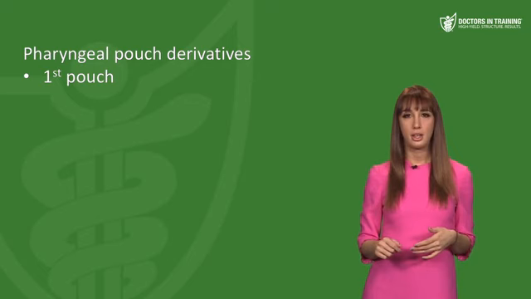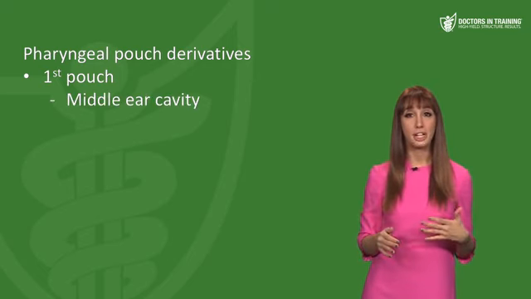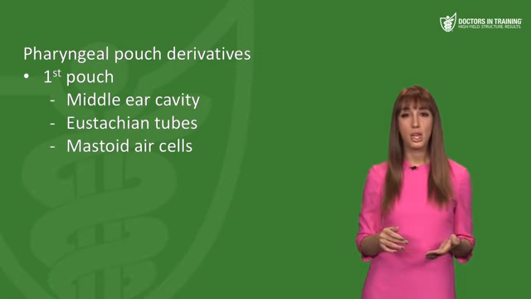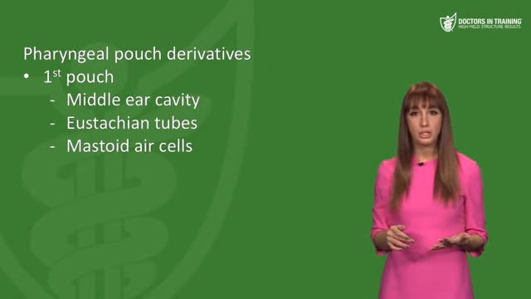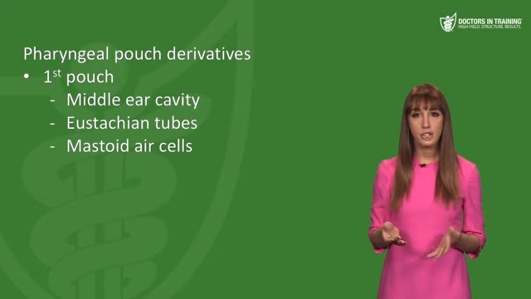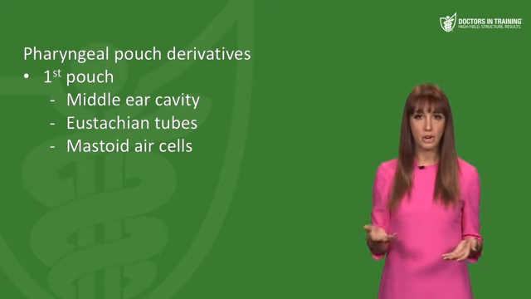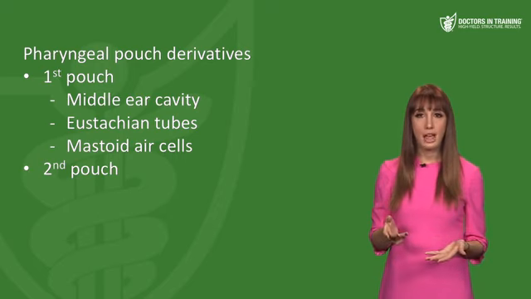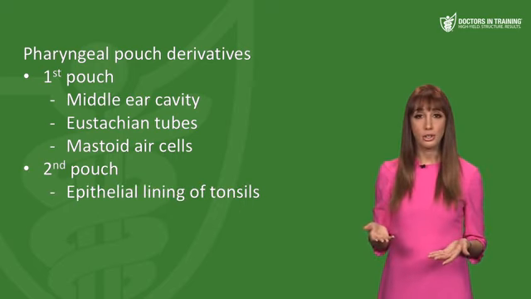Now let's talk about the pharyngeal pouch derivatives. Remember, the pharyngeal pouches come from endoderm. The first pouch will become the middle ear cavity, the eustachian tubes, and the mastoid air cells. So the first cleft became the external auditory meatus, and the first pouch becomes all these middle ear structures. That makes sense. The second pouch gives rise to the epithelial lining of the tonsils.